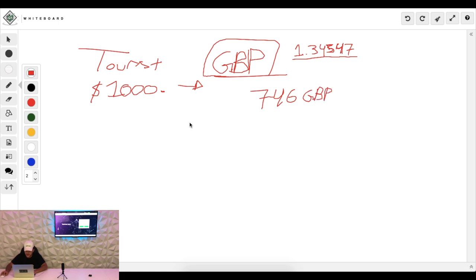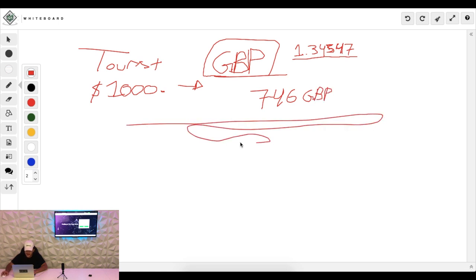All right. So let's skip the travel part, and now he's coming back to the USA. But he did not spend a single dime when he was traveling, meaning he still has his 746 British pounds in his wallet.